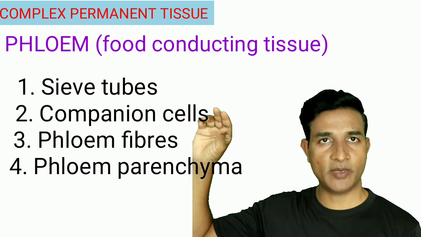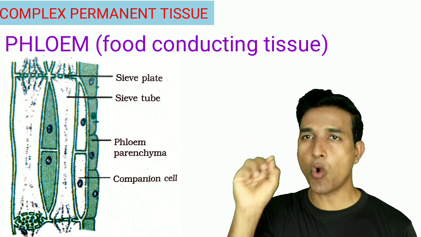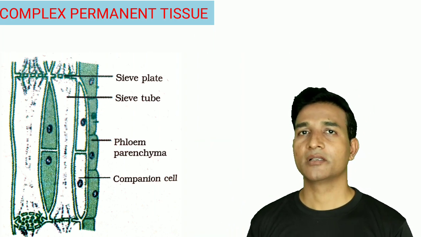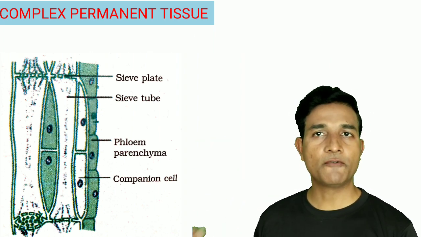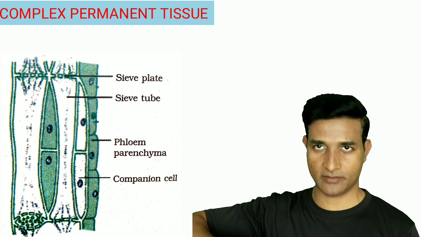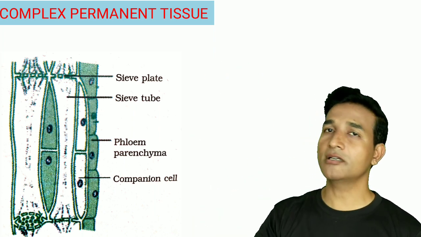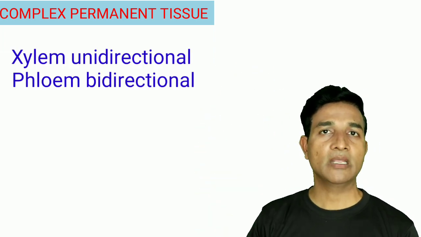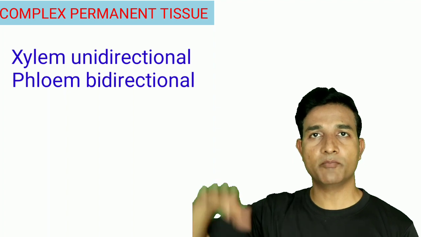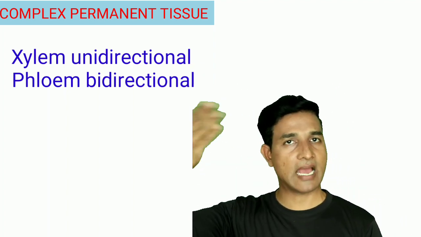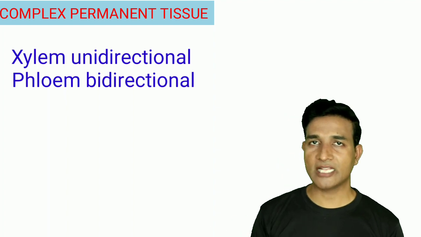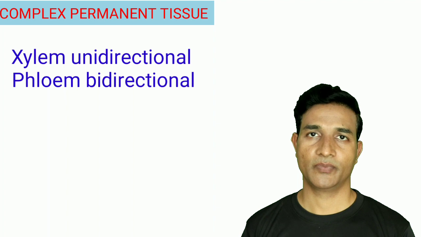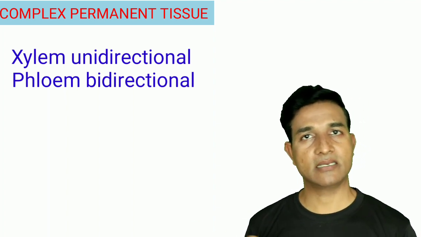Sieve tubes are tubular cells with perforated walls, and the phloem, unlike xylem, can move food materials in both directions, whereas xylem flows water from the roots to the upper part of the plant body in one direction, but phloem conducts food material in both directions, that is forward and backward. The phloem transports the food from leaves to all other parts of the plant body. So this is all about phloem and xylem.